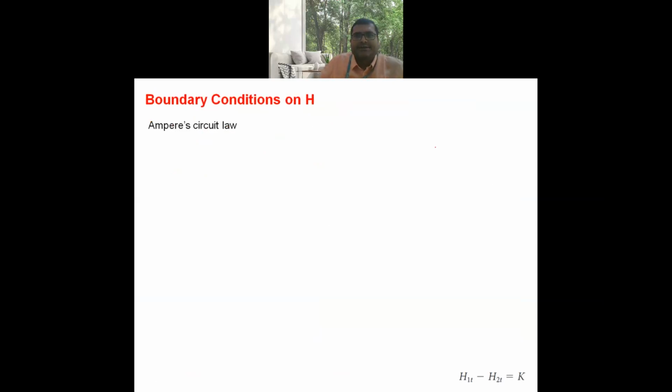Boundary conditions on H, magnetic field intensity. For that, consider a plane. It is the position of the boundary. Consider a rectangular loop on the boundary. It is the boundary 0, 1, 2, 3, 4, 5 and 0.